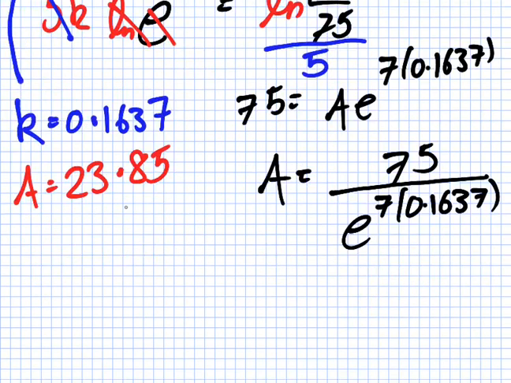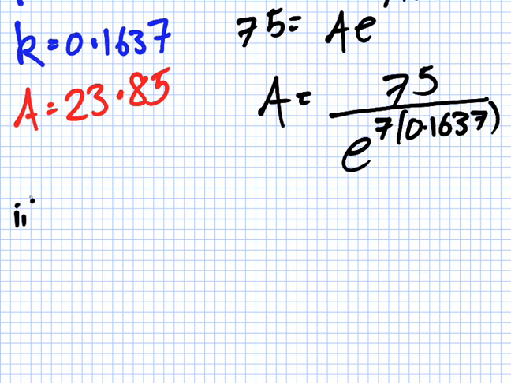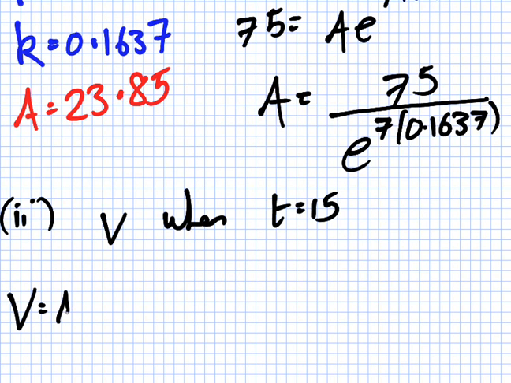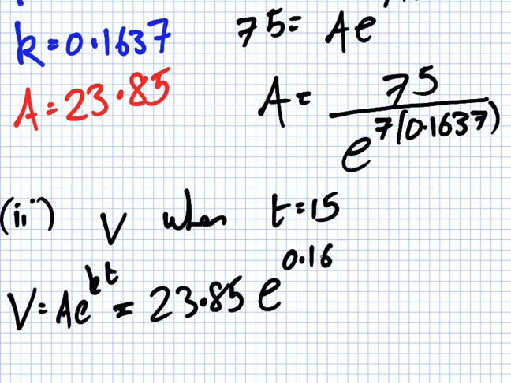That's part 1 done. Now on to B part 2: find the V when t is 15. So we get V = Ae^(kt). We know A is 23.85, we know k is 0.1637, and we know t is 15.